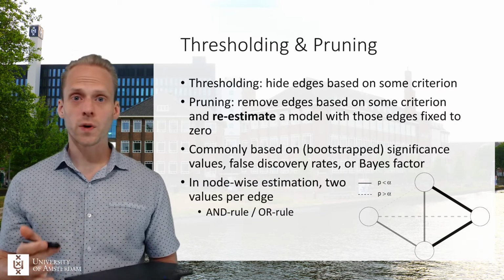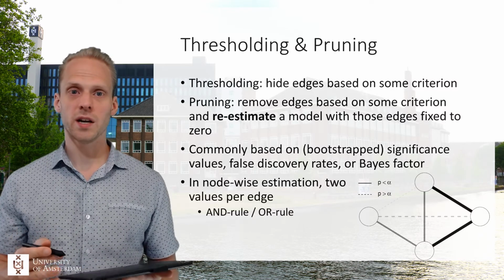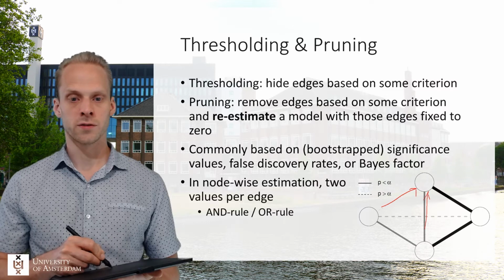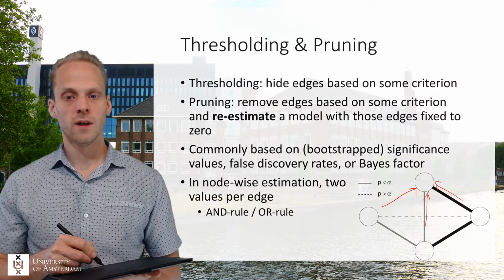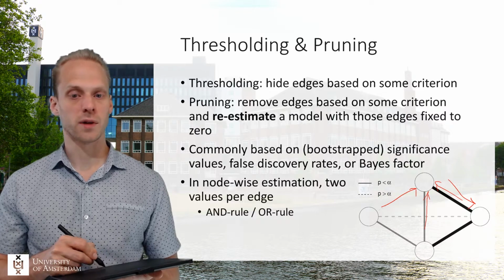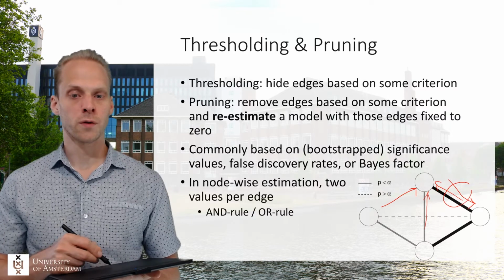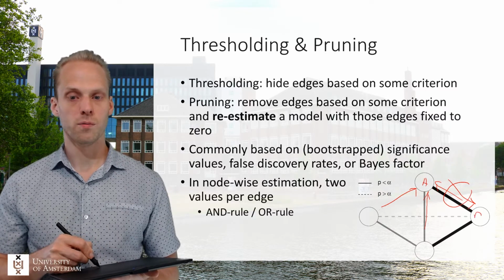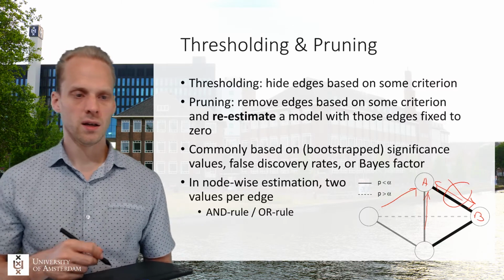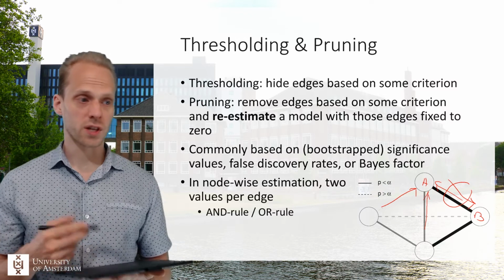Now, if you did node-wise regressions, so if you estimated the network by estimating the incoming edges first per node, then you have 2 estimates of every parameter. For example, here we have one regression to predict A from B and one regression to predict B from A. It might be that they're not both significant.